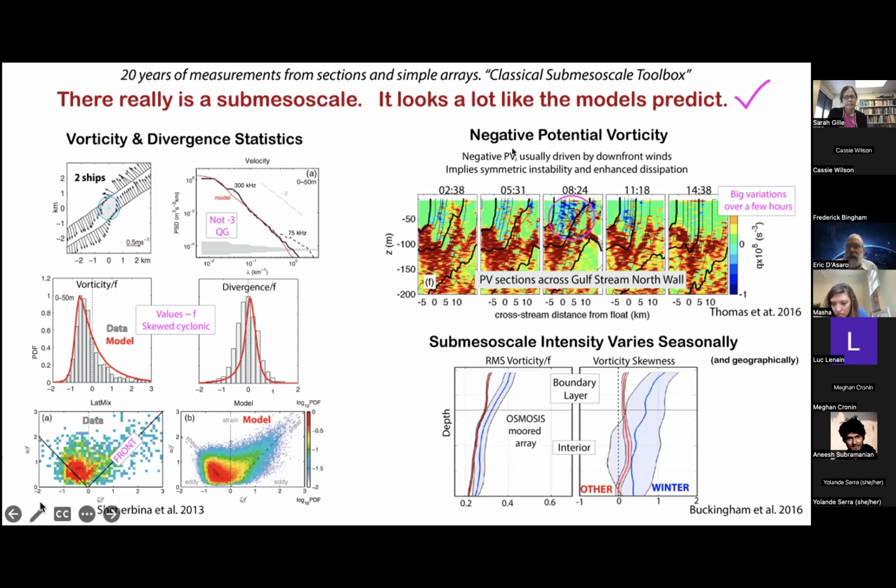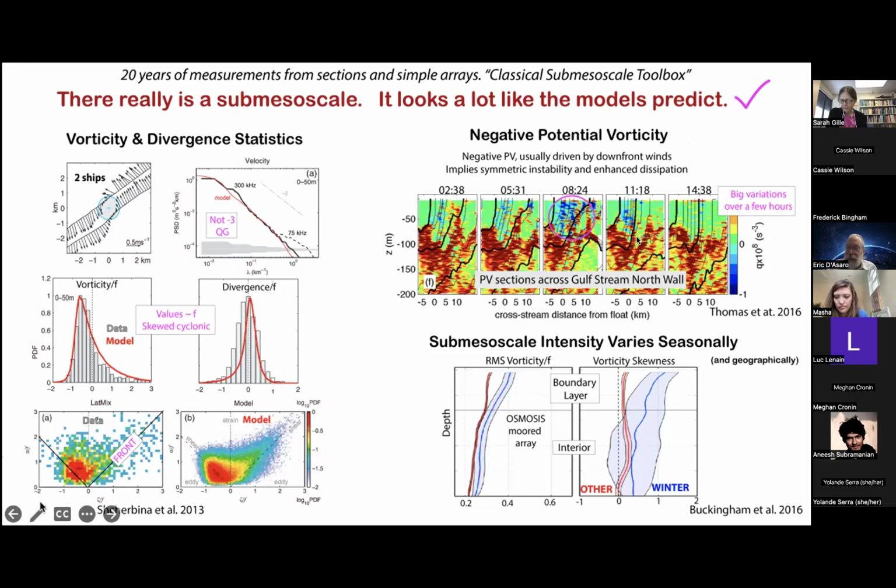Another class of such statistics have to do with looking at potential vorticity. If you have negative PV, usually that's found when the wind is in the same direction as the frontal velocities, or down front winds. This implies symmetric instability and enhanced dissipation. And here's some sections across the Gulf Stream north wall where it's blue, the PV is negative.